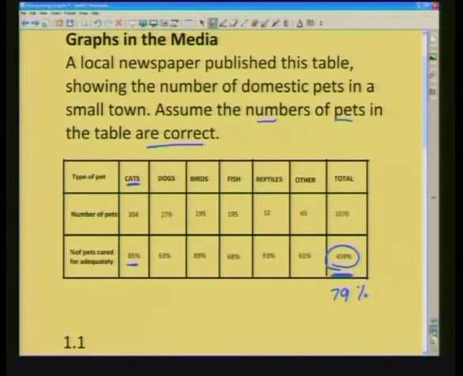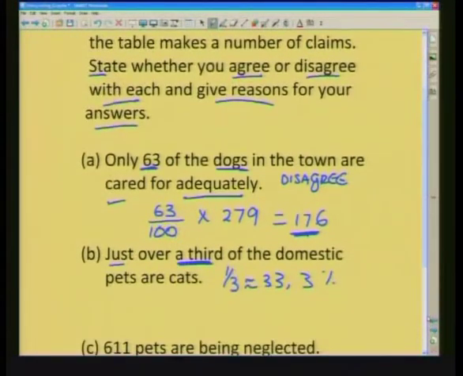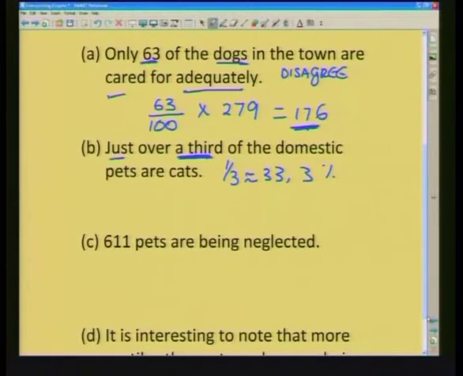So if I would like to find out what percentage of this town the cats make up, all I do is take the number of cats divided by the total number of pets and times by 100. So I want to either agree or disagree after making my calculation. You do this bit on your calculator and you get an answer of 28.4%.